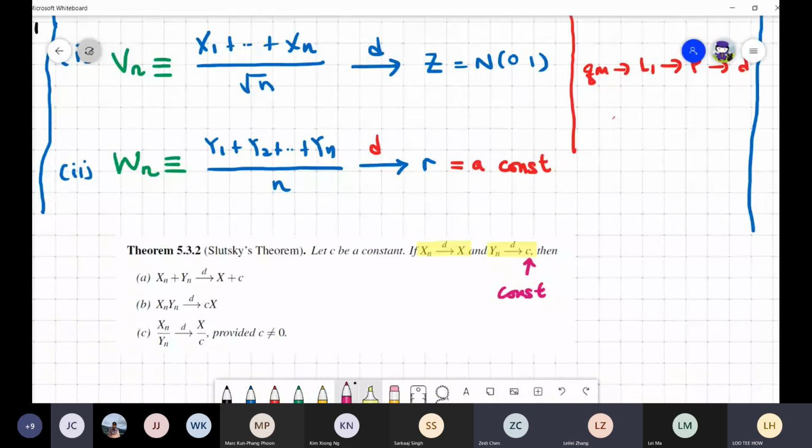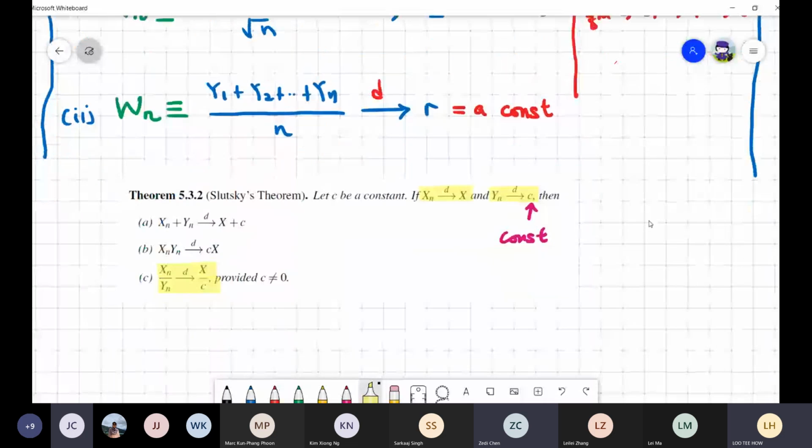Then the product of them. This one divided by this will converge to this in distribution. Now you're taking this to be X, this to be Y, and you are applying the Slutsky theorems over here.